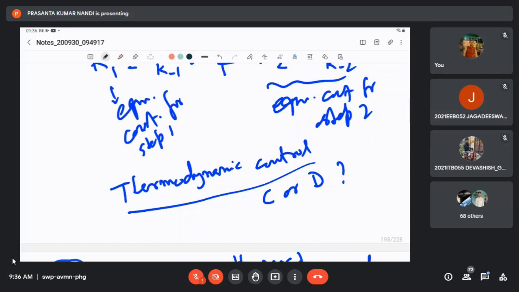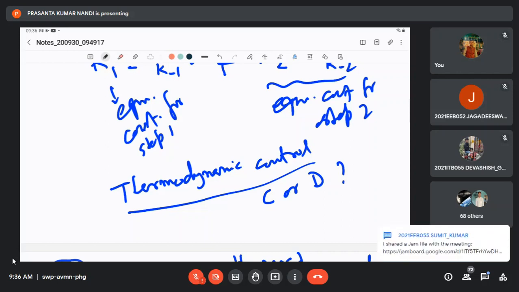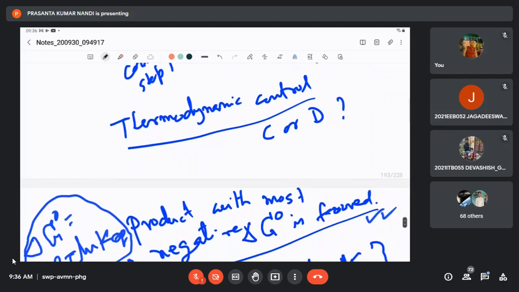Suppose a product, say C or D, is formed in greater proportion. That means we say that particular product is formed with greater thermodynamic ease, and we call it the thermodynamically controlled product. That we'll discuss here.